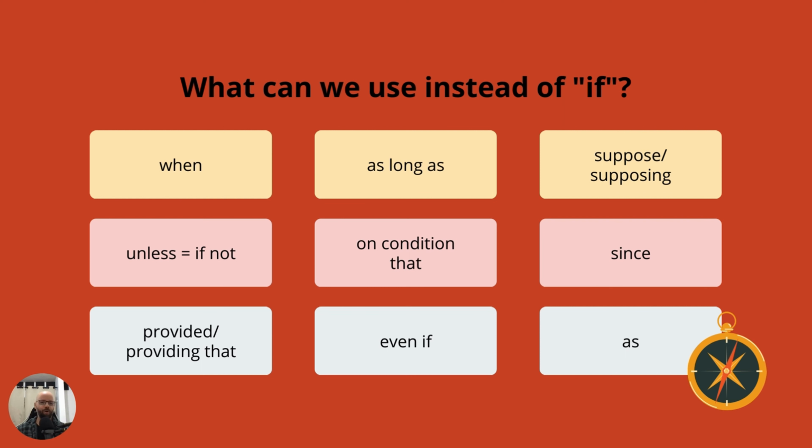For example, when it's cold outside, water freezes. Another example, using unless. I will not attend the party unless Amy is going. Get creative when you do your homework and leave an example using one of these conditional types in the comments. Try and use a different word instead of if.